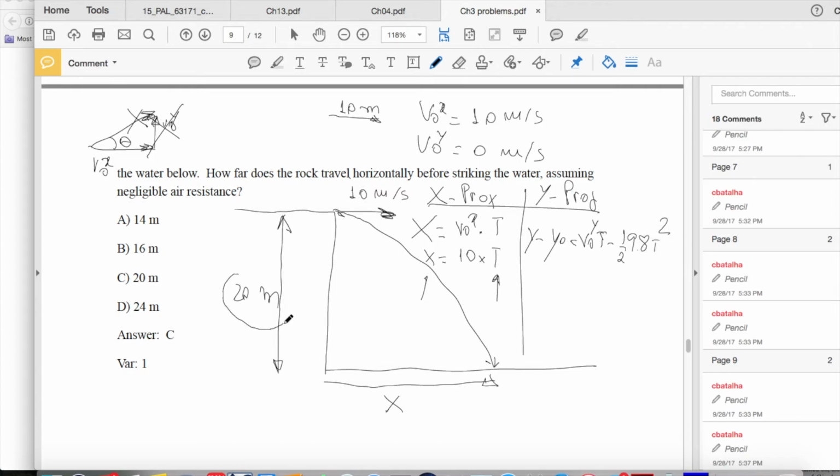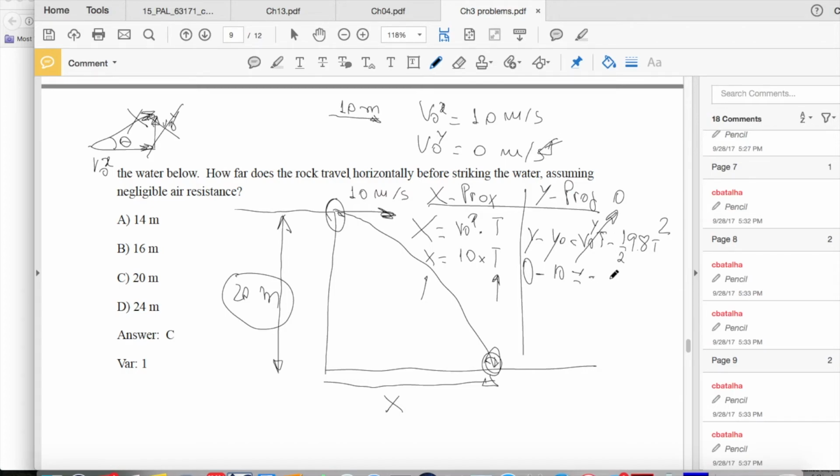It is said the height of this bridge is 20 meters. So when the rock hits the water, the y position is 0, and the initial position is 20 meters. So we can take care of the left-hand side of this equation. The initial velocity in y, as we saw here, is 0.